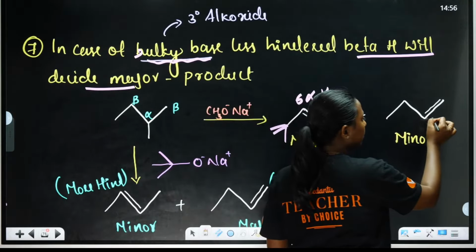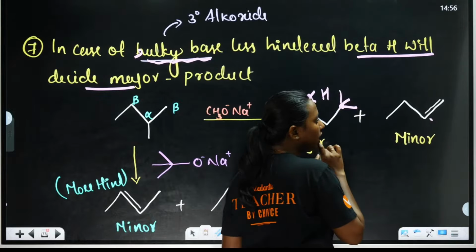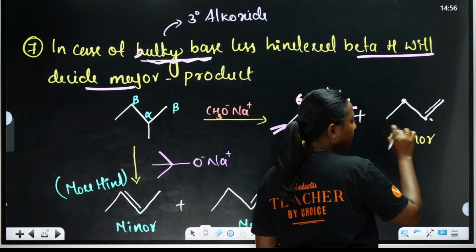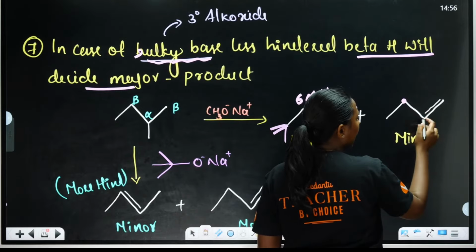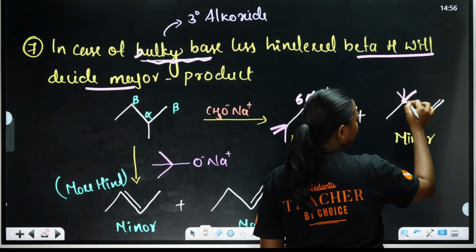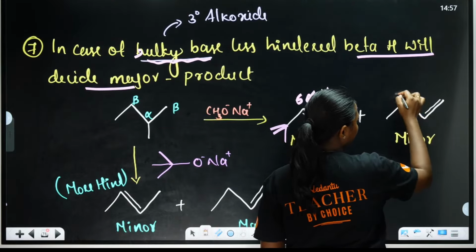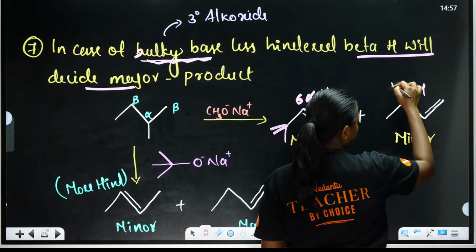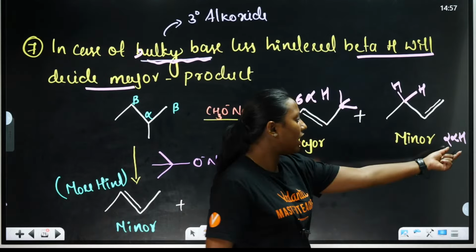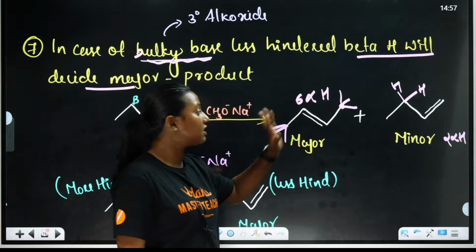When you consider this other compound, this is the alpha carbon, so alpha hydrogen is not 3, it is 2 only. So 2 alpha hydrogens and 6 alpha hydrogens.